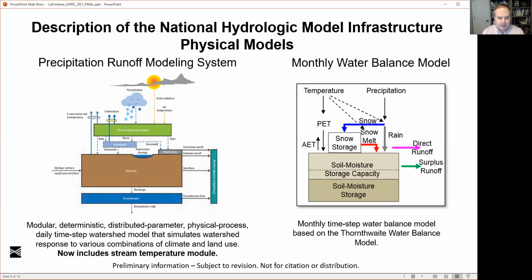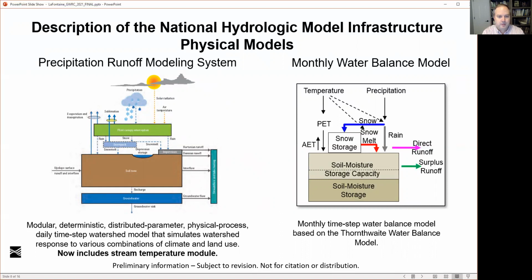In the schematic for PRMS, each of those boxes represents a different module that has various options to simulate the hydrologic cycle: from incoming precipitation, air temperature and solar radiation, how those climatic forcings interact with the plant canopy, build snowpack, and look at infiltration and movement of water across the landscape, as well as through the soil profile into the groundwater reservoir.